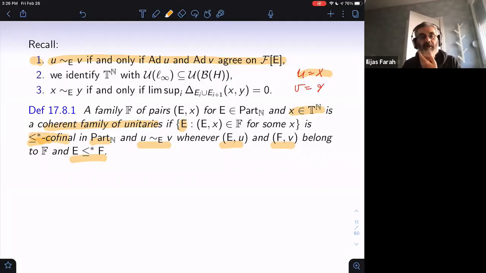Basically, if you have a cofinal subset, you can just extend it for any. And actually, this is important. So thanks for pointing it out.